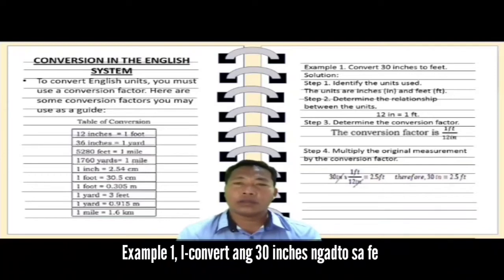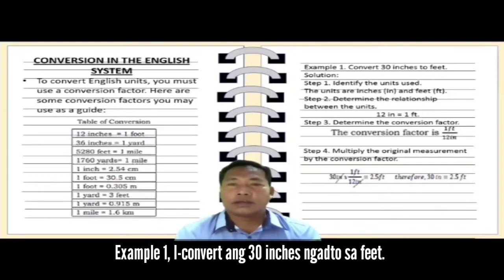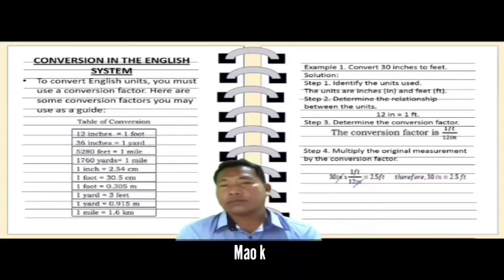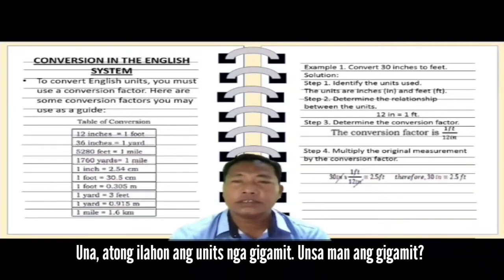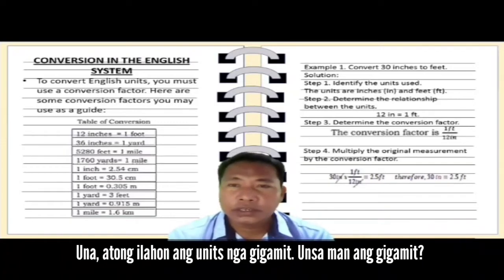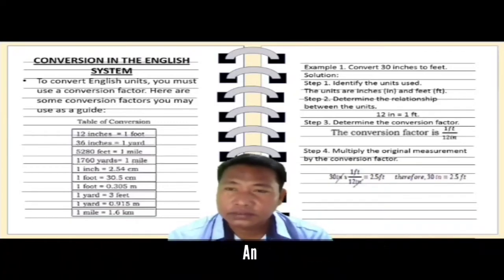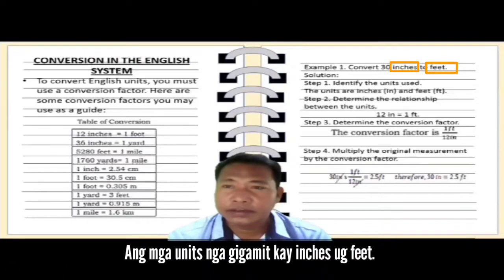Okay, we have here example number 1. We are going to convert 30 inches to feet. Now, solution. First, we're going to identify the units used. Now, the units used here are what? Yes, very good. Inches and feet.